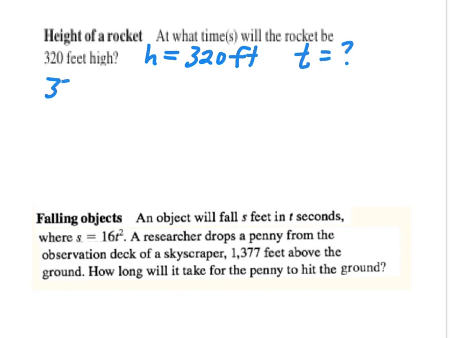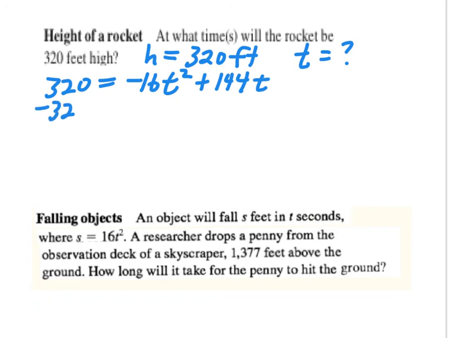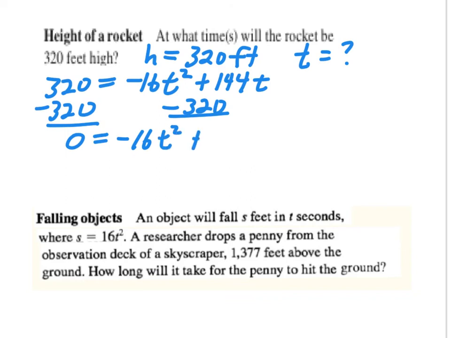So we have 320 equals negative 16t squared plus 144t. We're going to subtract 320 from both sides, and we'll get 0 equals negative 16t squared plus 144t minus 320. And we can't factor out a t this time, but we can factor out a negative 16.